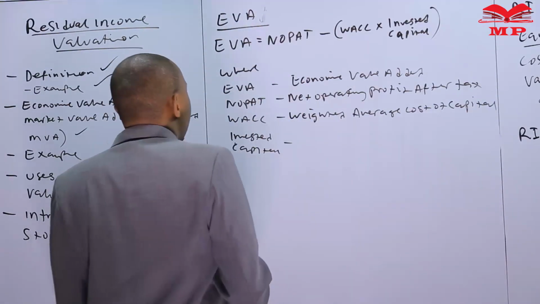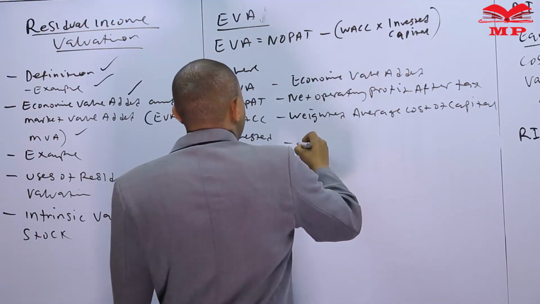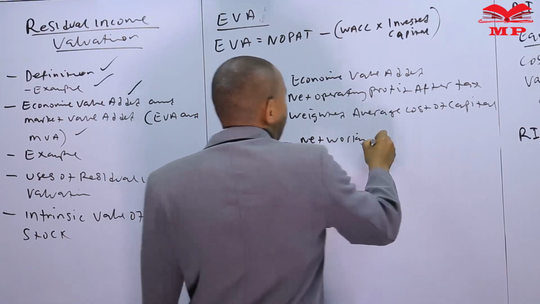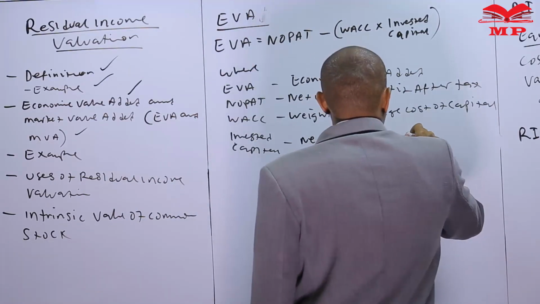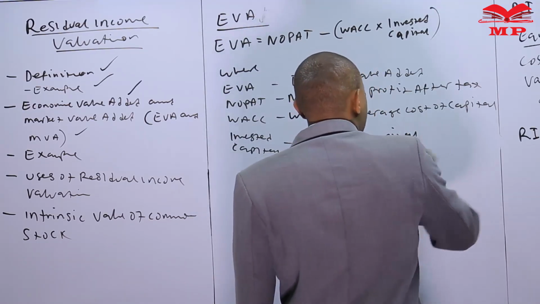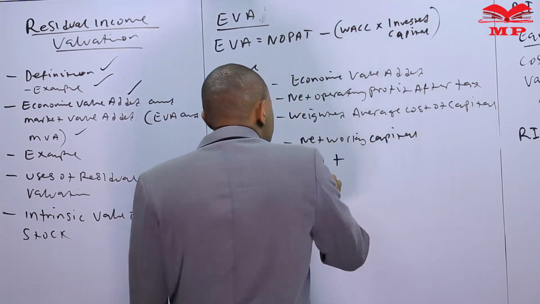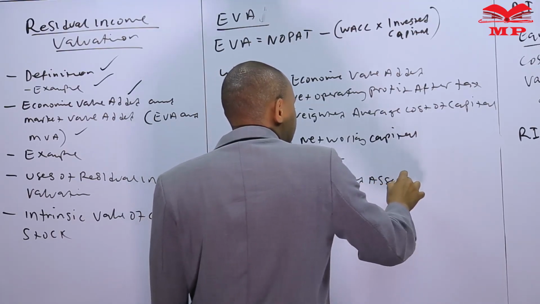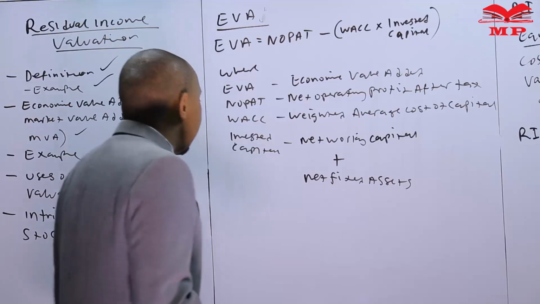The invested capital is the net working capital plus net fixed assets. That is how we get the invested capital.